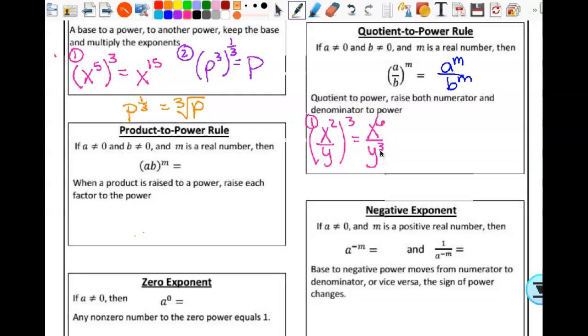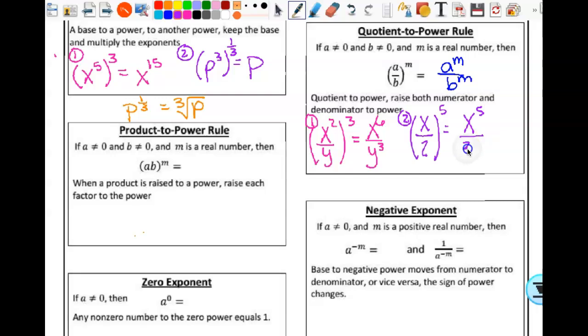Yes. All right. So for the second one, what if I have x over 2 to the 5th power? X to the 5th, right, over what? 32.